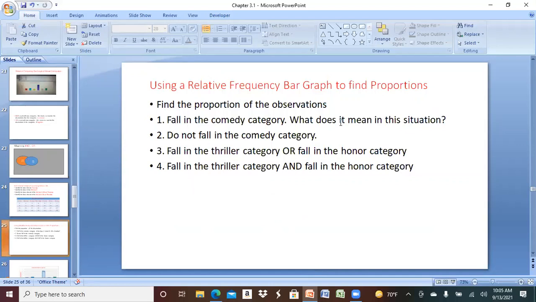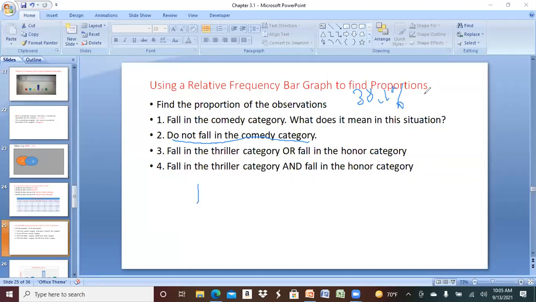What is 38.1% of the movies? Comedy movies. And what do not fall in comedy? Comedy had a proportion of 38.1%. Not in comedy, we have two ways to find it.